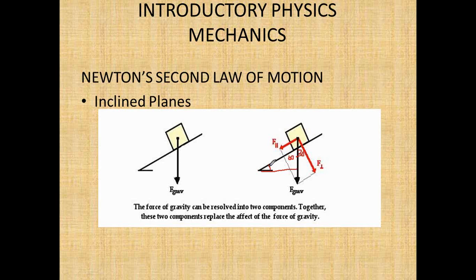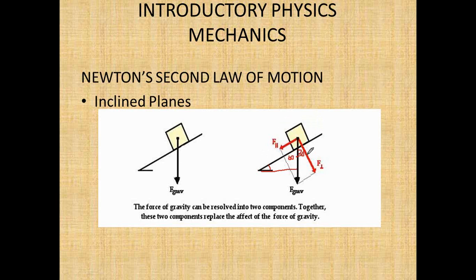Okay? So if you have an object on an incline and you know the mass of the object, then you know the force due to gravity, and you can solve for the parallel component. It is this parallel component of gravity which is going to pull the object downwards.